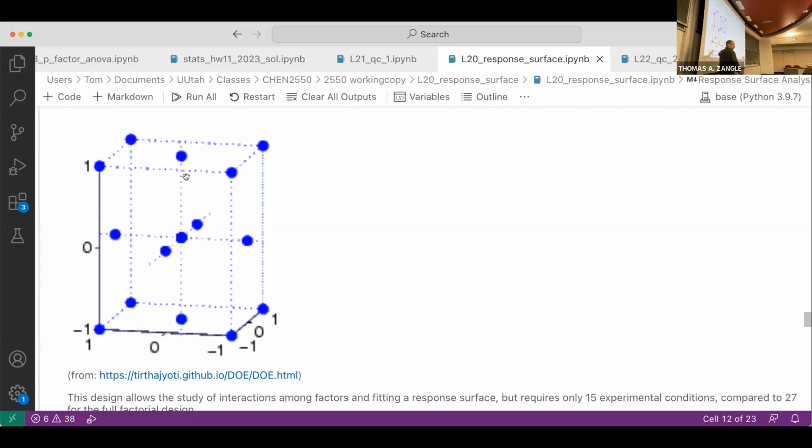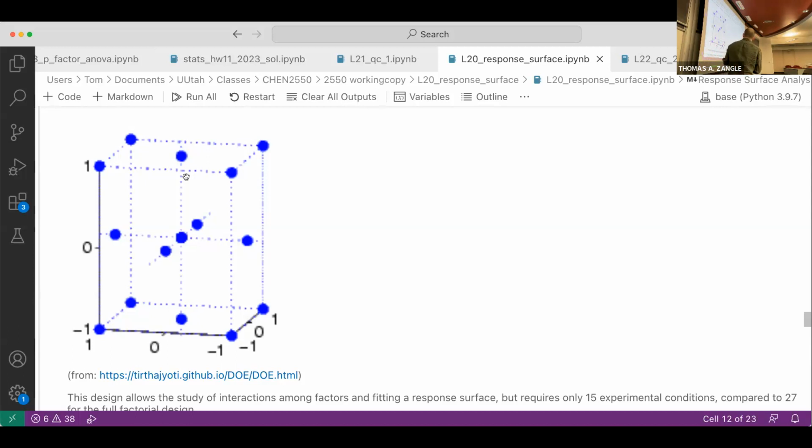With this kind of design, we can also estimate a response surface. So we could fit a paraboloid, a 3D or 4D paraboloid, and get a response surface to this. But if you count this up, you'll see this is only 15 experimental conditions compared to 27 for full factorial. So we're doing a lot better. We're sampling the space more efficiently than we are with full factorial design.